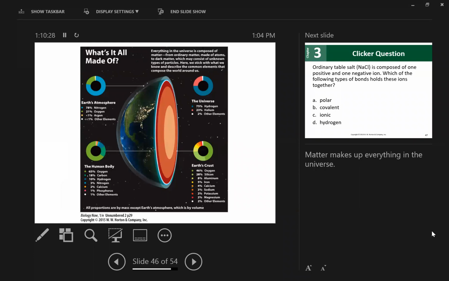Matter makes up everything in our universe. So looping back around to our very first slide of what is matter. And it's the stuff that we are made of. And it's how it's all cycling together to keep life functioning. So what's really amazing, if we take a moment to think about it, is everything in the universe is composed of matter.